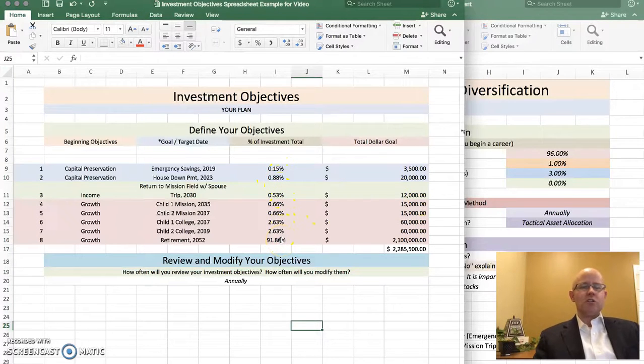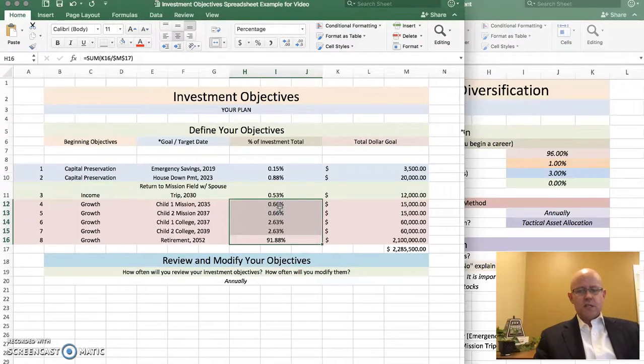In terms of my investment dollars, a lot is going to retirement, over 90%. And if I sum up all of my growth objectives, it's 98.5% that I'm going to need over a lifetime in order to meet my objective.